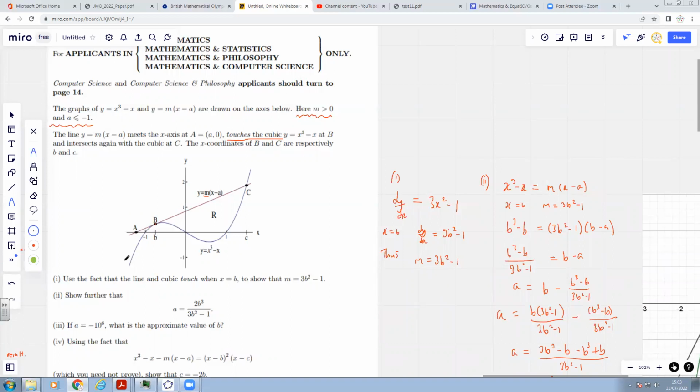Now, when you think about it, that's going to give you only lines like this. Yeah, a has to be less than or equal to minus 1. That's the case throughout the question. Once you realize that, you'll see, well, okay, what's going to happen as a gets more and more negative is that b gets closer and closer to the turning point there.